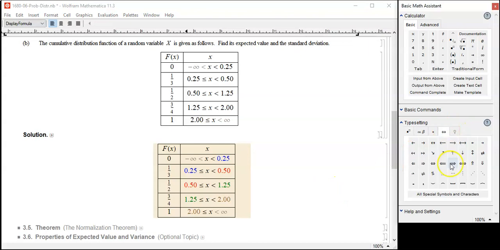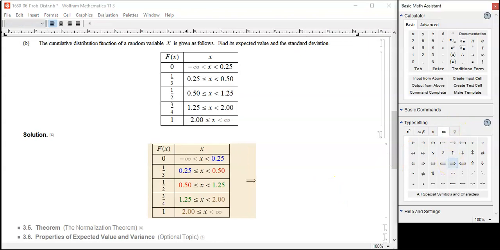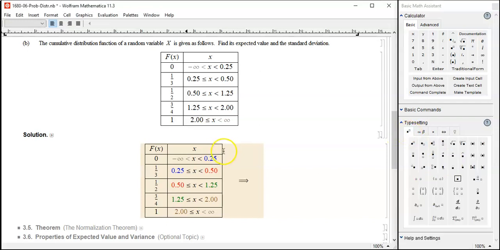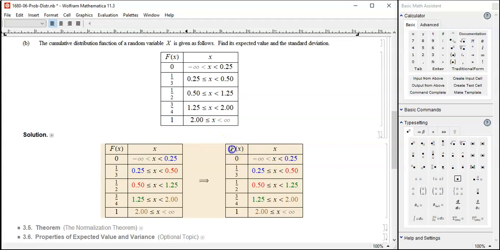So from here, you can get the probability mass function. So the x value is going to be 0.25, 0.5, 1.25, 2.0, and finally, otherwise.